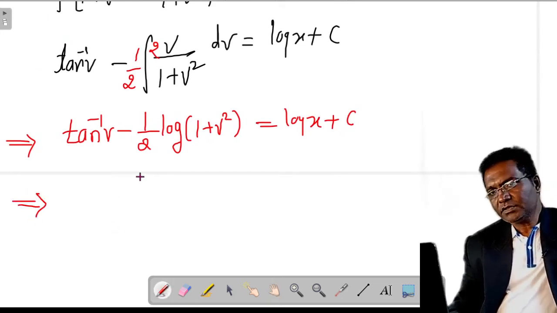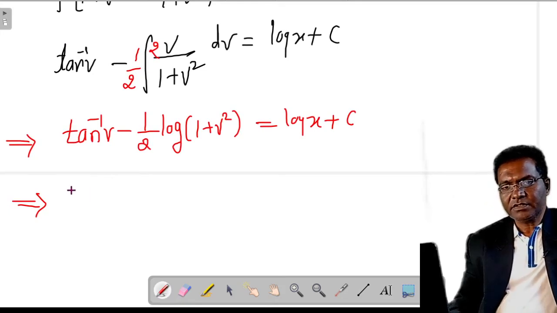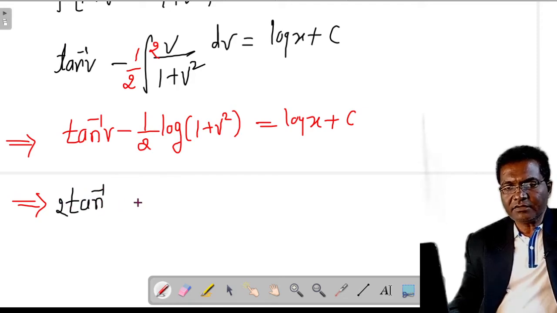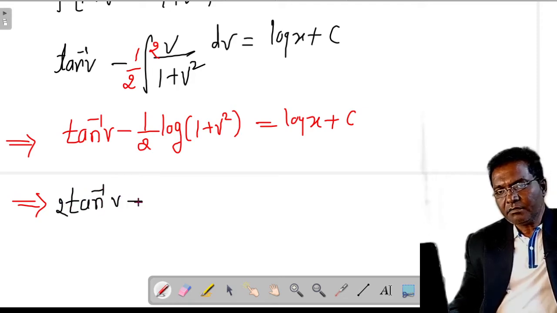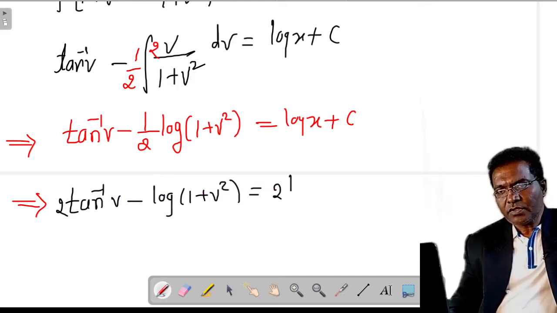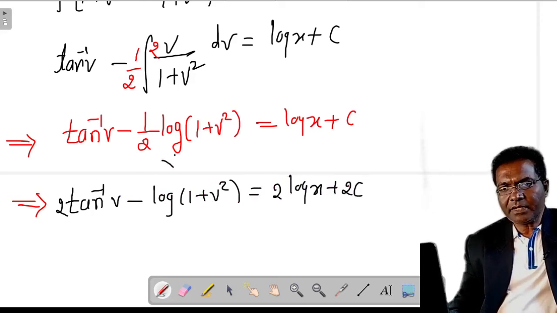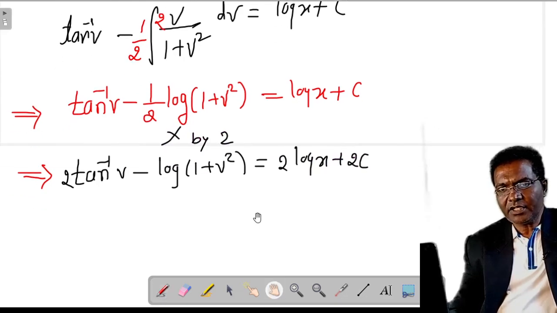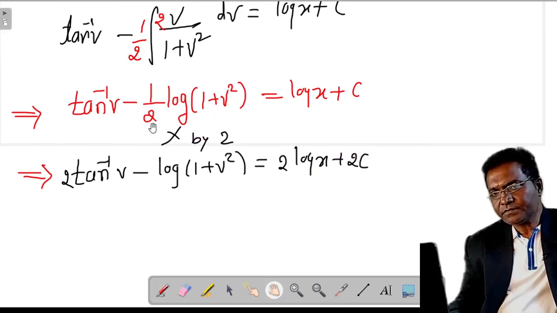Now you can write it as 2 tan inverse of v minus log of (1 plus v square) equals 2 log x plus 2c. I have multiplied by 2 to cancel the 2 in the denominator for log.